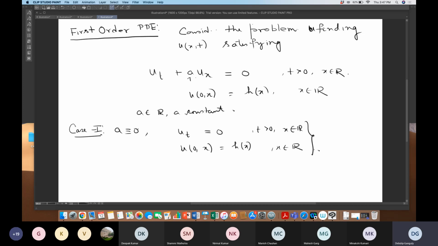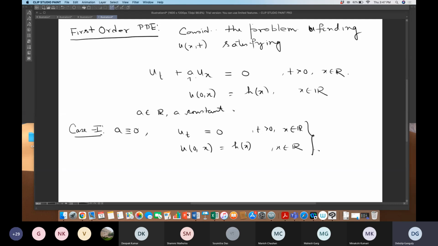u_t is 0. So it is independent of t; this is constant, u_t is 0.